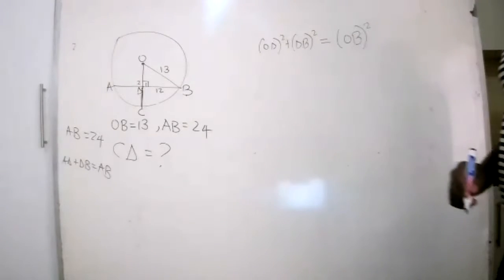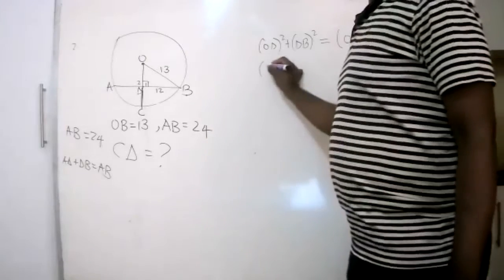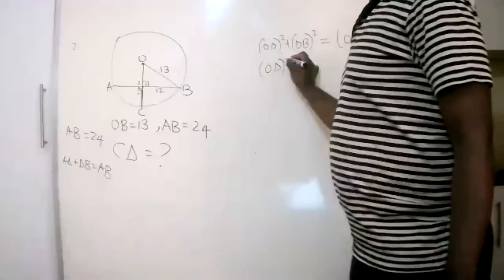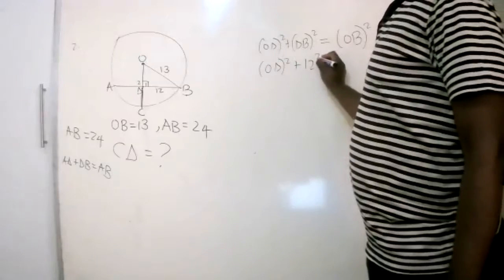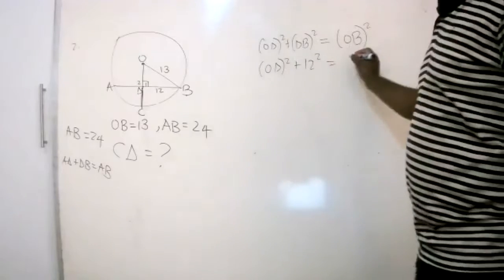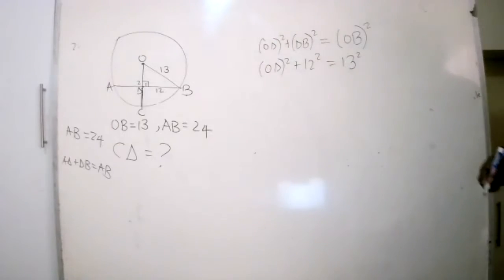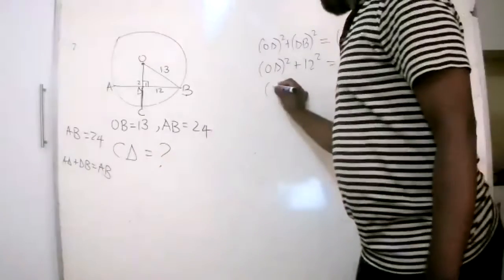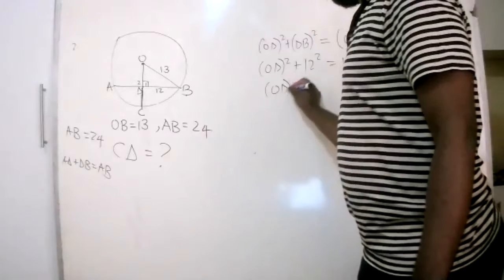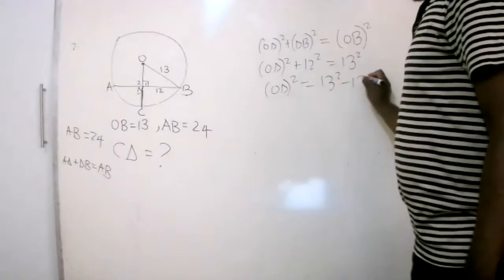You all see that, right? And now we're going to have OD squared plus DB, in this case 12. Therefore, it's going to be 12 squared equal to OB, which will be 13. So it's 13 squared. Definitely. So you take this to the other side. What are we going to have when we take that to the other side? We're going to have OD squared equal to 13 squared minus 12 squared.